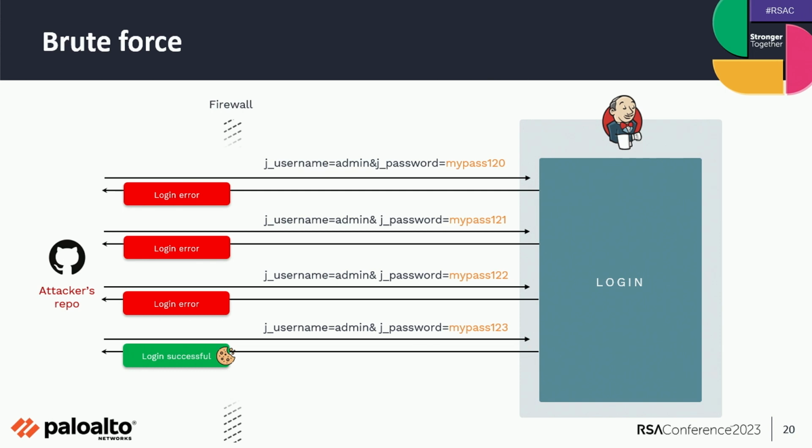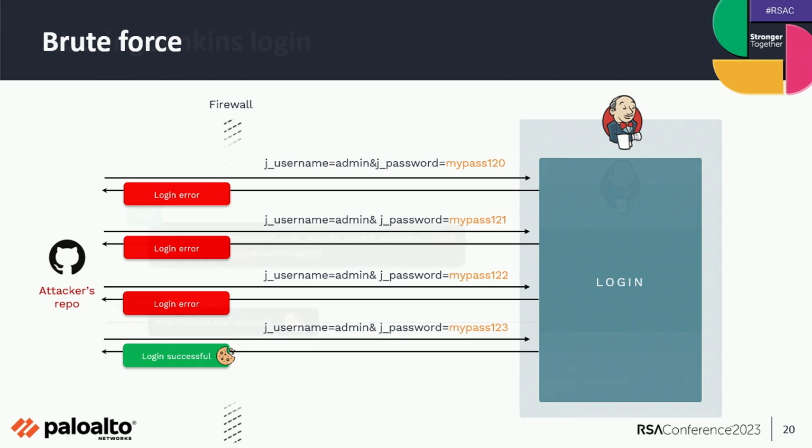Now, in lots of cases, Jenkins users are based on the Jenkins user database, which is the default authentication mechanism in Jenkins. So it lacks some basic security features like requiring strong passwords and protection against brute force attacks. This is why all of this is possible in many Jenkins instances around the world.